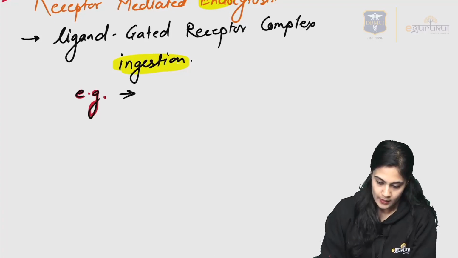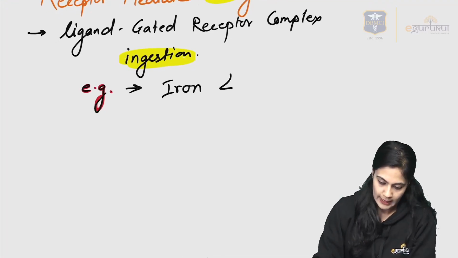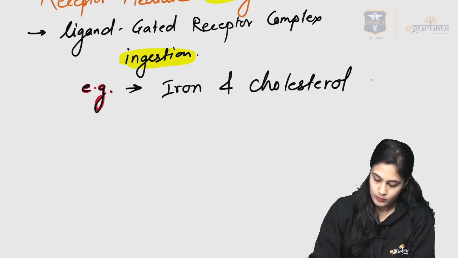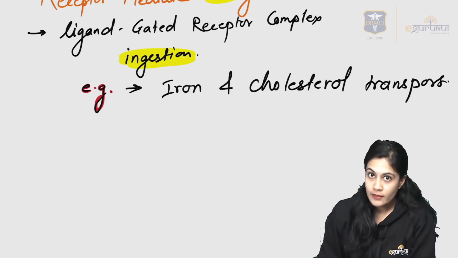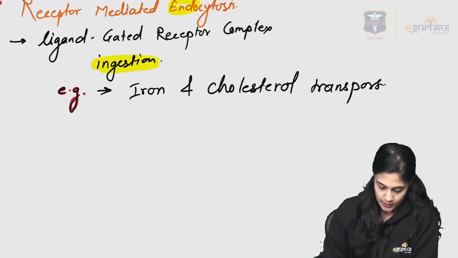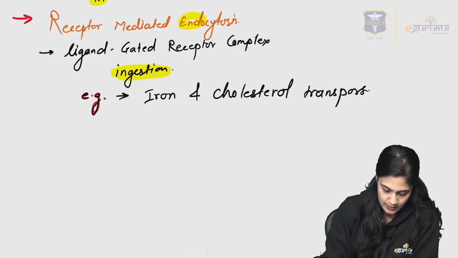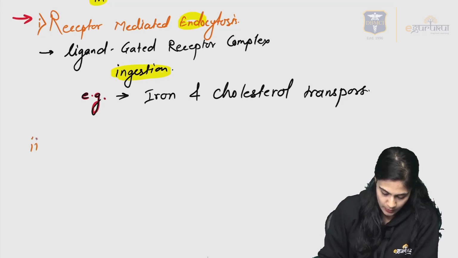The examples are iron and cholesterol transport inside the body from the GIT, right. If you give this answer, your professors will be very happy with you, right. So, this is receptor-mediated endocytosis, the first subtype of endocytosis.